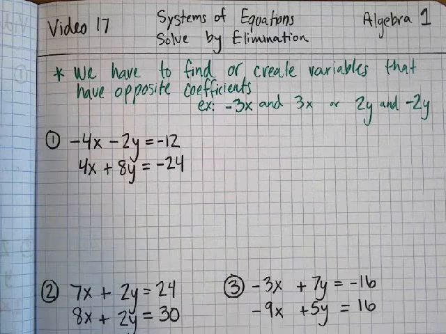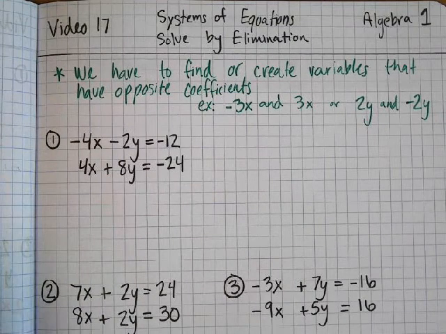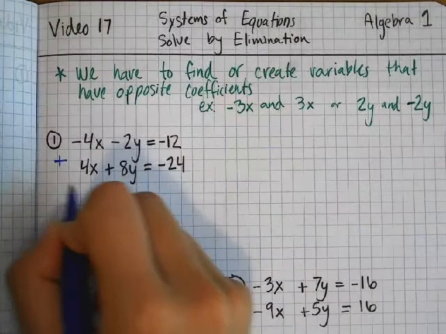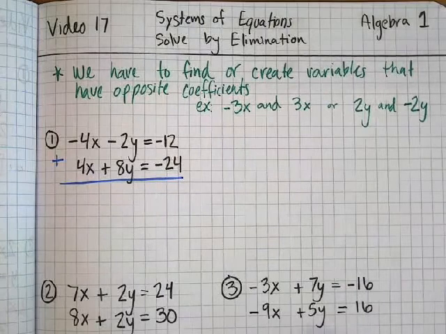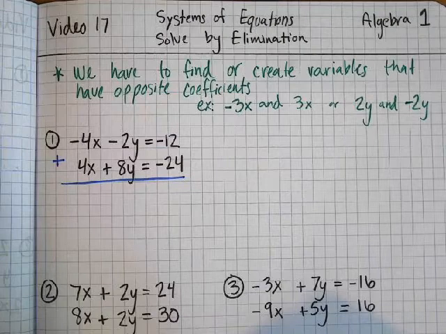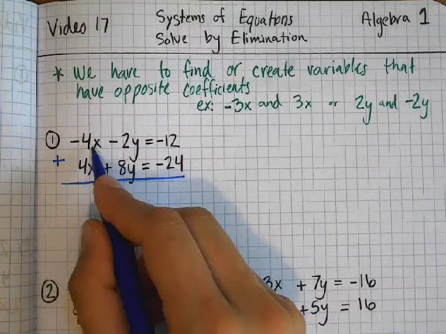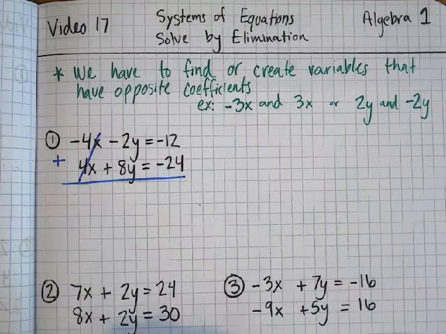So that's a variable that has two opposite coefficients, okay? And when we use elimination, we add our two equations together, and hopefully, if we do everything correctly, one variable will eliminate. So when I add negative 4x plus positive 4x, that cancels out, okay?